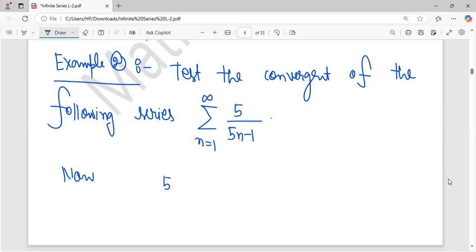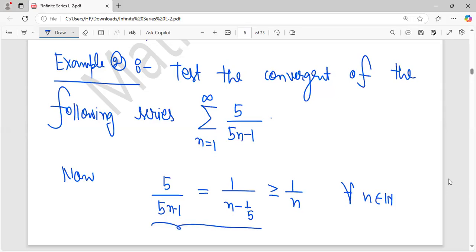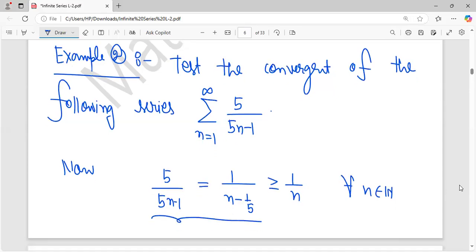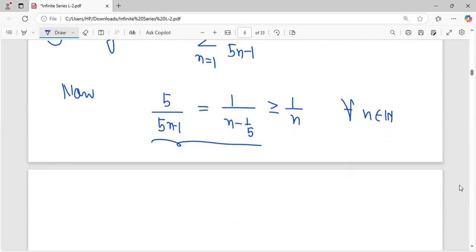So 5 upon 5n minus 1, how can you write it? You can write it as 1 upon n minus 1 upon 5, which is greater than 1 upon n, for all n belonging to N. I am calling this c_n, and I am calling this a_n. So this implies a_n is less than c_n for all n belonging to N.